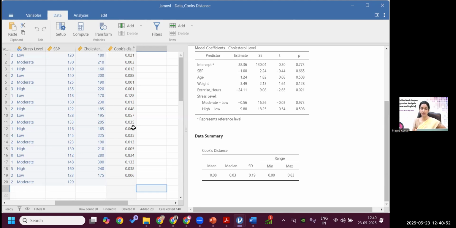So if a data point has a high residual and a high leverage also, these two get combined into a single unit, which is calculated statistically in jamovi, and is known as Cook's distance. Any data point showing a Cook's distance of more than one should be removed from the analysis. Or if the overall Cook's distance is more than one, then you need to check for the individual data point and delete it before we go for model building.